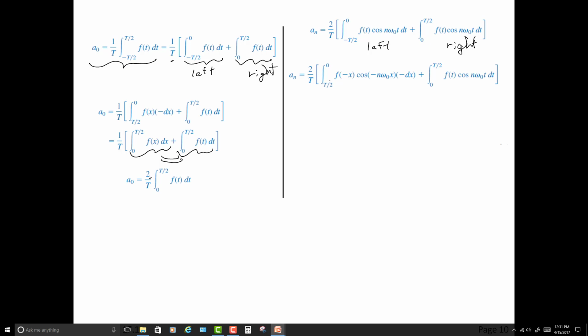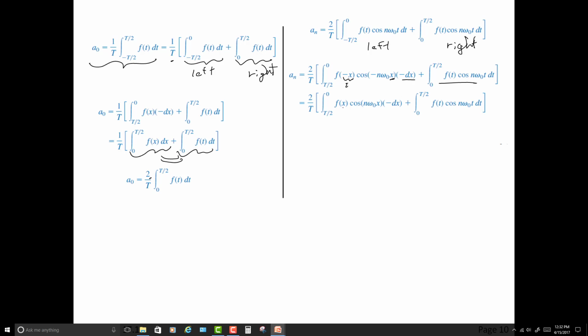Okay? So we're going from minus t over 2 to 0 with the substitution of minus x for t, right? So this was t, got substituted. Here's minus x. There it is. And so it's minus dx. This remains the same. Flip it around, right?